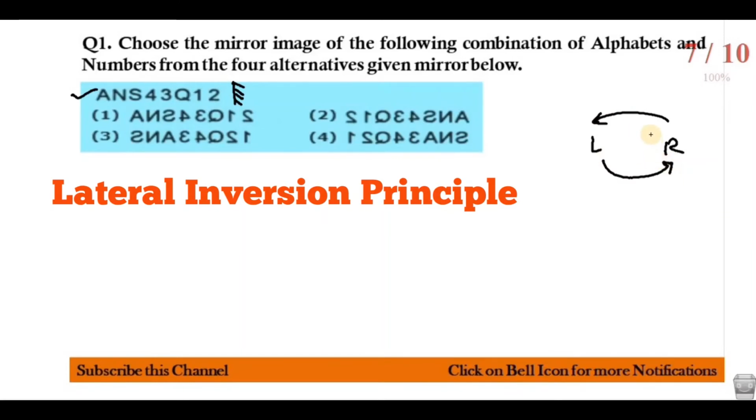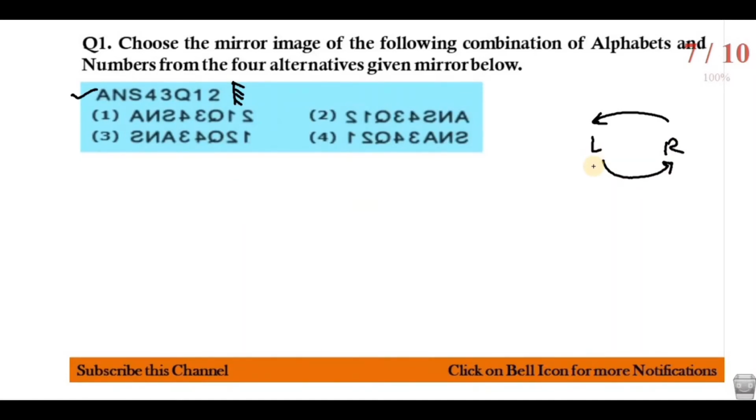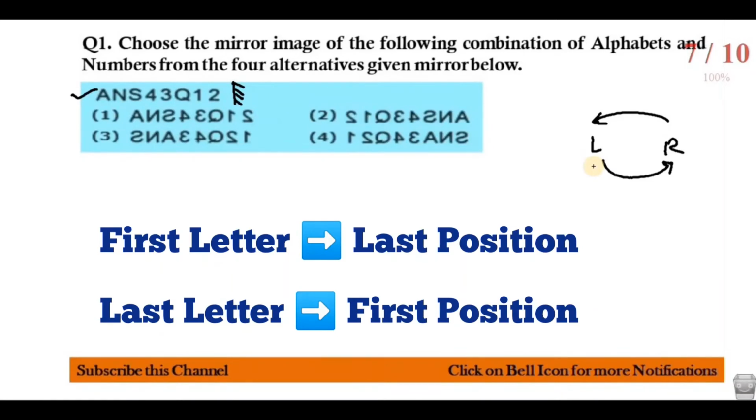The left portion is seen at the right and the right portion is seen at the left. Also the first letter is seen at the last and the last letter will be seen at the first. But the size will not change, only the position will change.